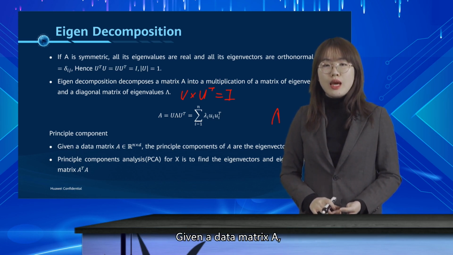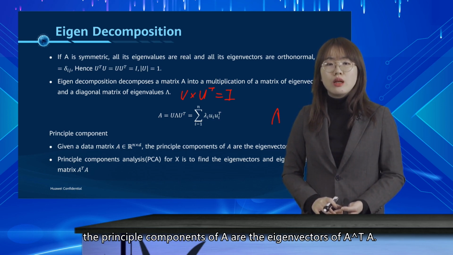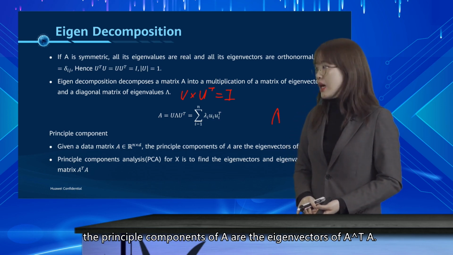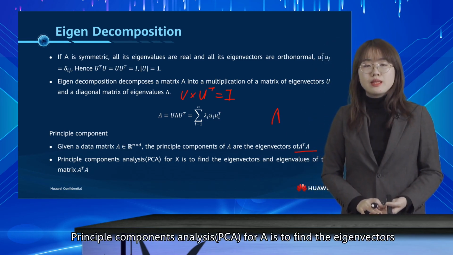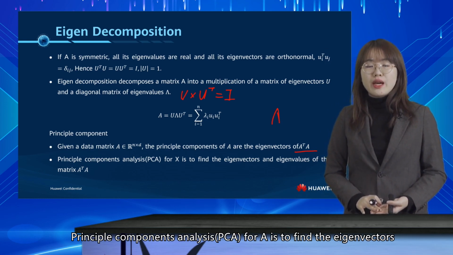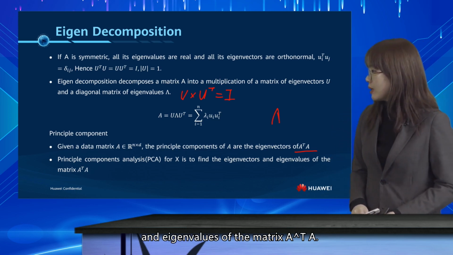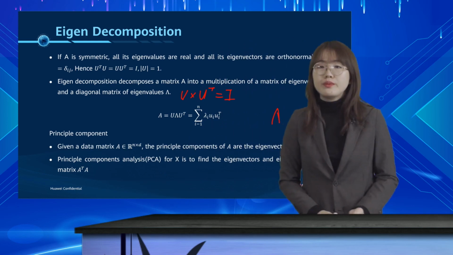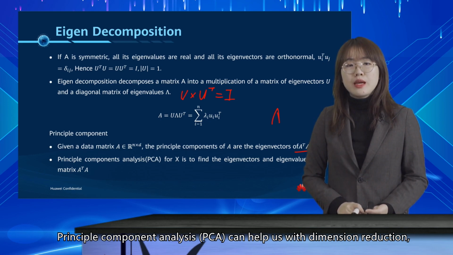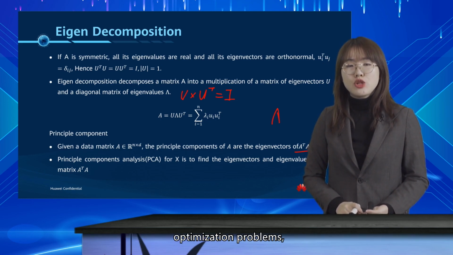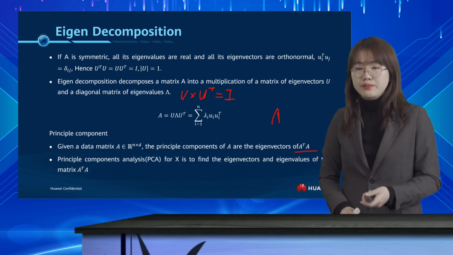Given a data matrix A, the principal components of A are the eigenvectors of A transpose A. Principal component analysis, PCA, for A is to find the eigenvectors and eigenvalues of the matrix A transpose A. PCA can help us with dimension reduction, optimization problems, and regularization for preventing the overfitting problem.